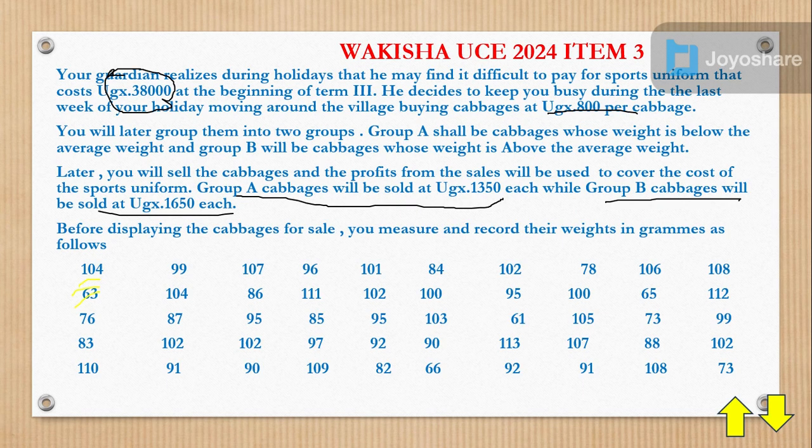Now it means that we're going to use a graph. They said Group A shall be cabbages whose weight is below average and Group B is weight above average.